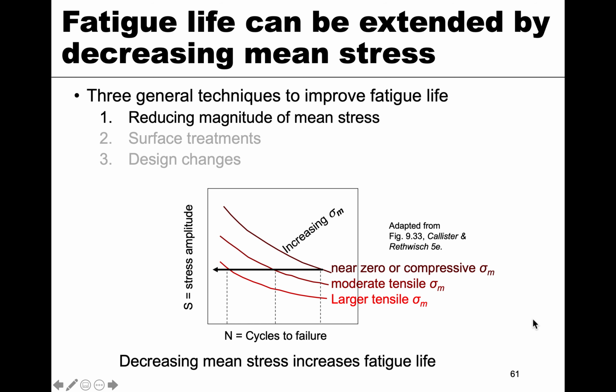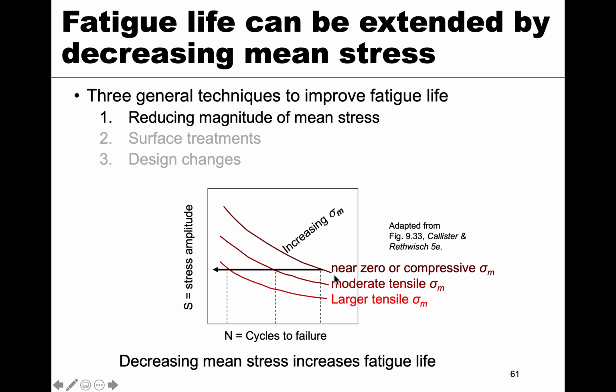There are three general techniques for improving the fatigue lifetime that we're going to talk about. The first one is probably the one you're going to think of automatically. Looking at the S-N curve, if we can reduce the magnitude of the mean stress, the stress amplitude S, then we can extend the lifetime.